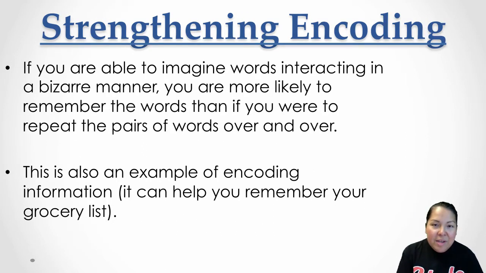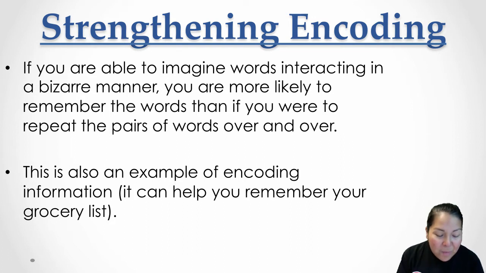When we are encoding any piece of information into our long-term memory, researchers have demonstrated that if you imagine this piece of information in some bizarre manner, then you're more likely to remember it rather than simply trying to rehearse it. So if you need to memorize a list of words for class, pairing a word with something bizarre may help you improve that memory or encode it into your memory system.